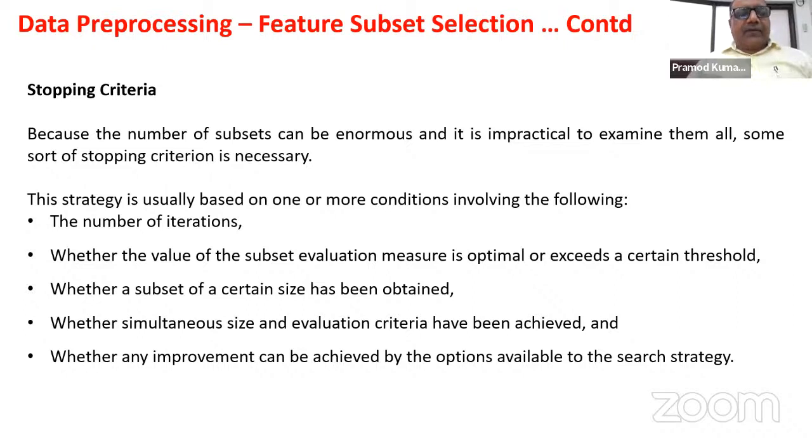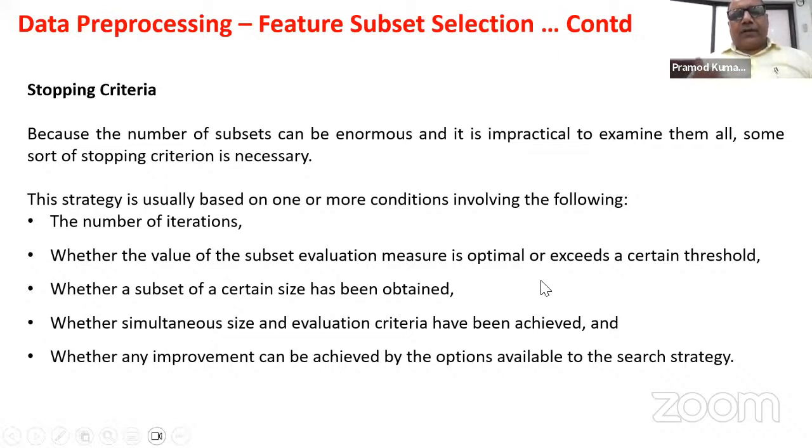In the same way, whether the value of the subset evaluation measure is optimal or exceeds a certain threshold. For example, if I say that my classification or clustering algorithm's accuracy should be more than 95%, then I am happy with it.